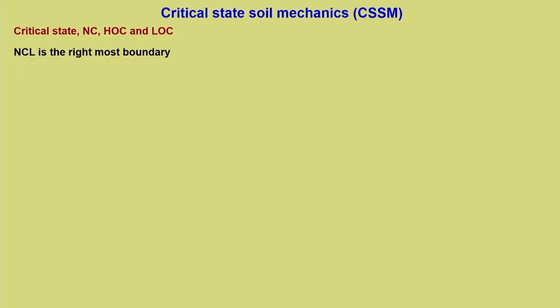That is how we define it. Now, where the soil position is initially with respect to critical state will help us better understand the factor of safety that is available before failure.